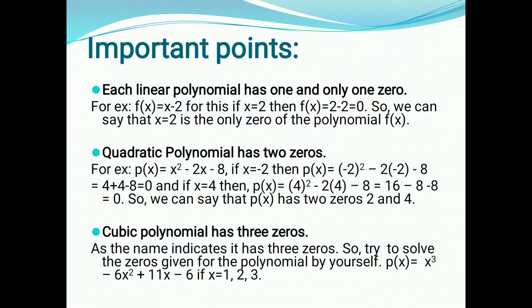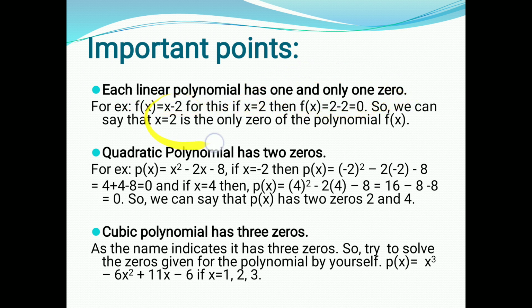Now there are some important points that need to be remembered, because the mistake people make is that they don't focus on what type of question is asked, and based on these points you will avoid wasting time. The first point says each linear polynomial has one and only one zero.